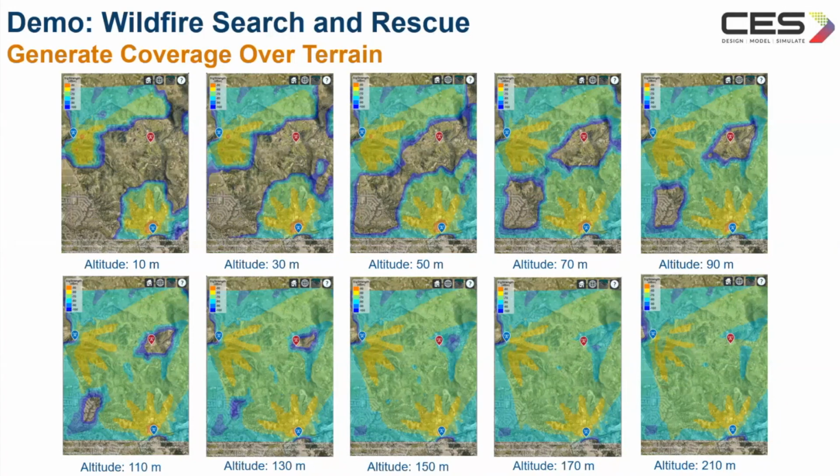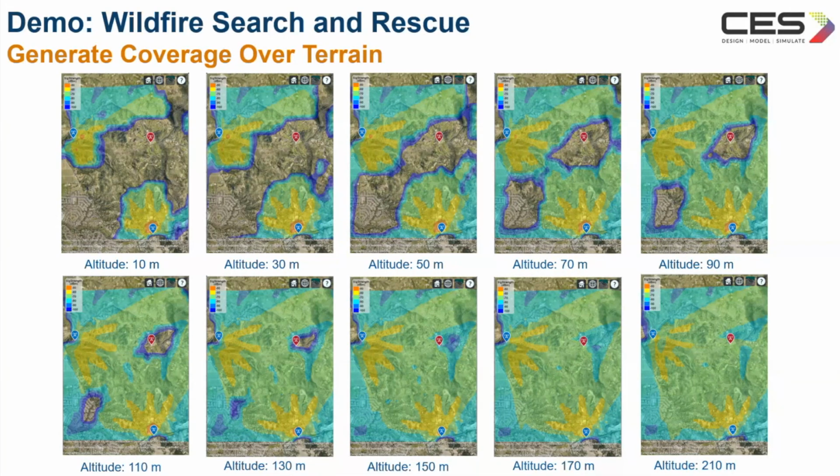The colors represent the signal strength, with warmer colors indicating stronger coverage and cooler colors indicating weaker coverage in the shadowed areas. The red marker represents the target area, while the blue marks represent ground units or the communication nodes.